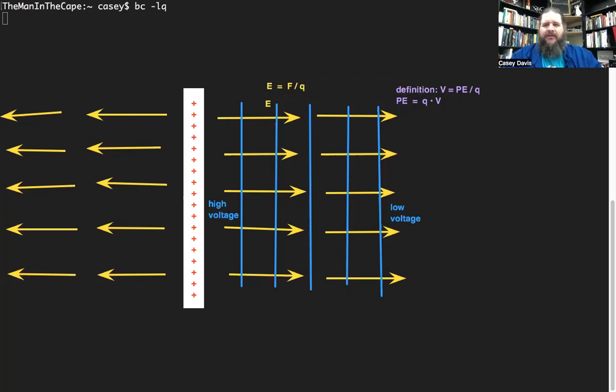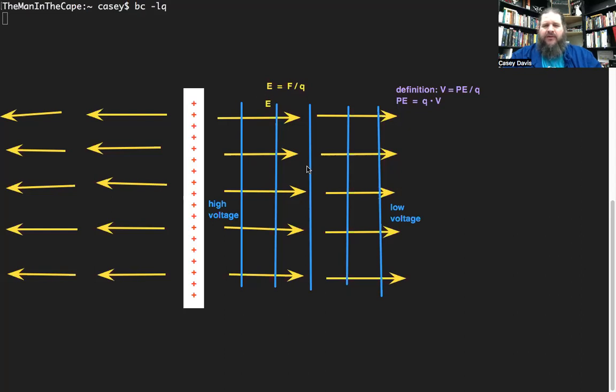The idea being that two different charges will experience different forces because they have different charges, but the ratio of force over charge is consistent for a given location. And that ratio is called the electric field.